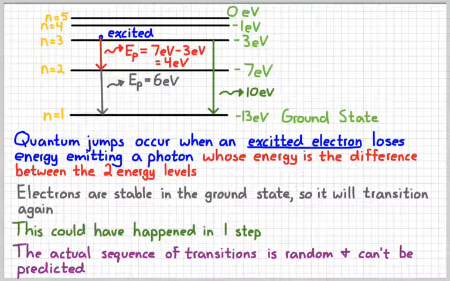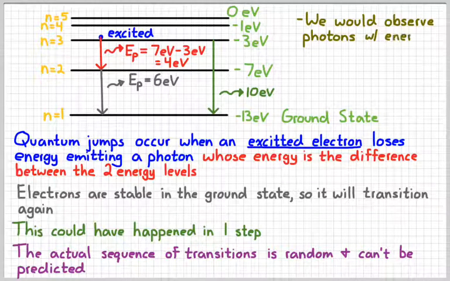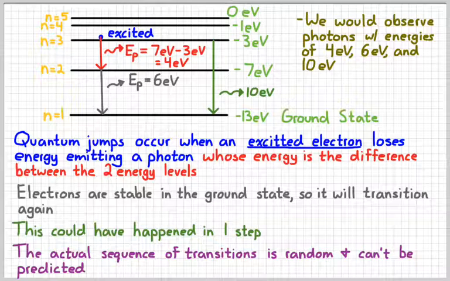But remember, any sample that we're ever going to have is going to have something on the order of a mole of atoms, and so there are enough atoms that we just see continuously all the different photons that could be created. So what we would end up observing here is photons with 3 different energies: 4 electron volts, 6 electron volts, and 10 electron volts. But we would not observe anything else.